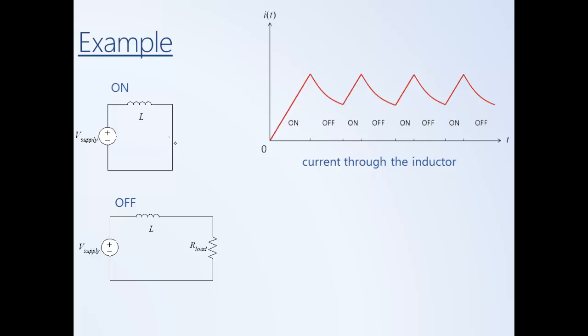So the switch here is closed, the current flows in the inner loop, causing the energy stored in the inductor to increase. When the switch is opened, this becomes an open circuit, current won't flow that way. The diode is reverse biased, so the current flows out that way.